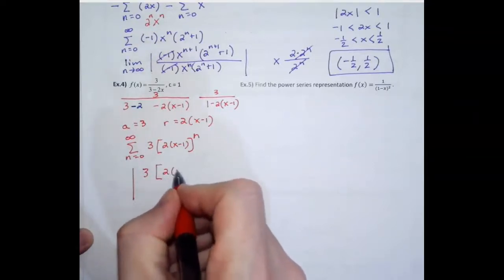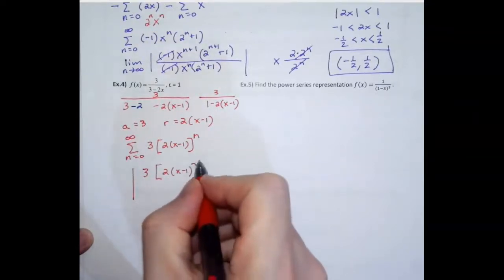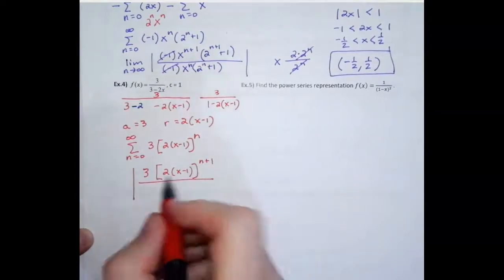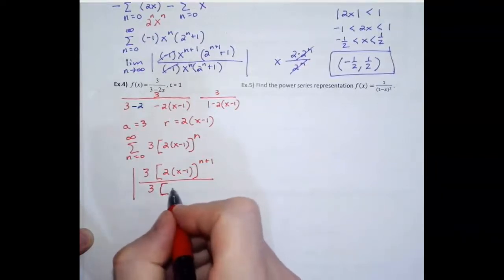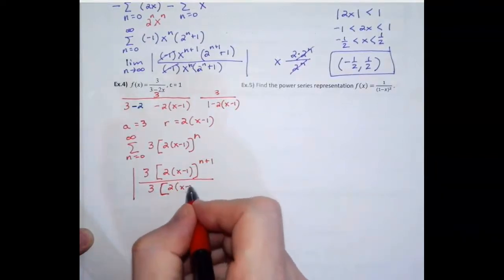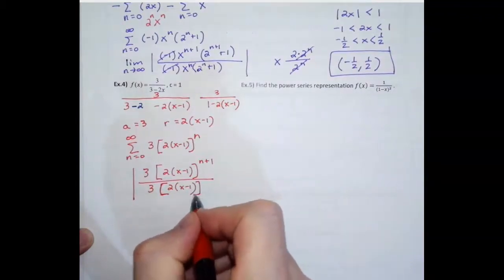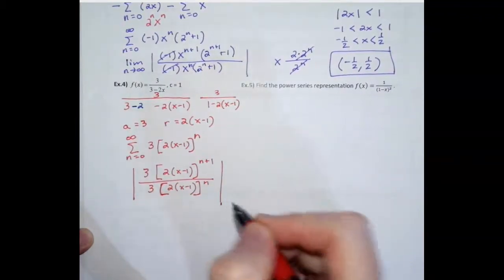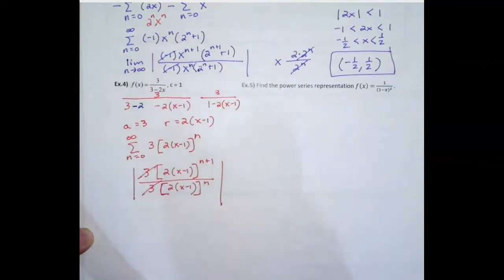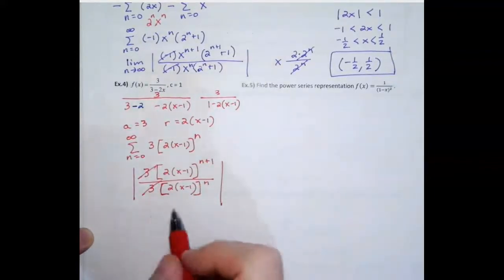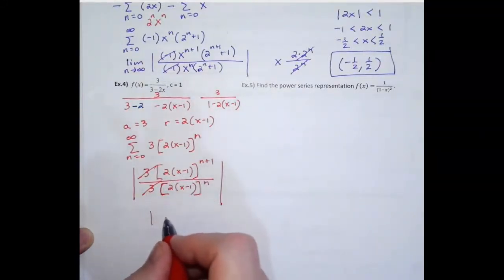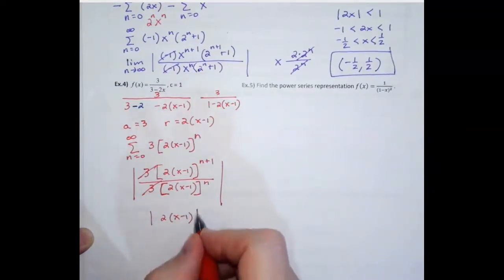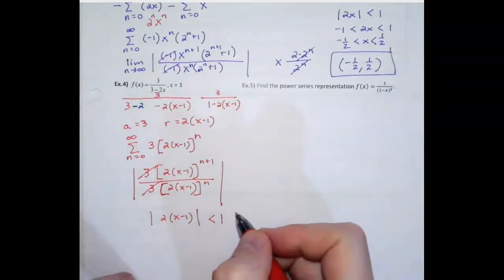So that's 2 times x minus 1 to the n plus 1 over 2 times x minus 1 to the n powers. Those 3's cancel out, and then that reduces all but one of those powers. So we have 2 times x minus 1 is less than 1.